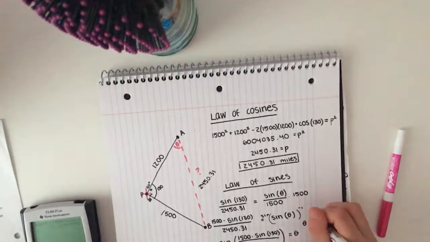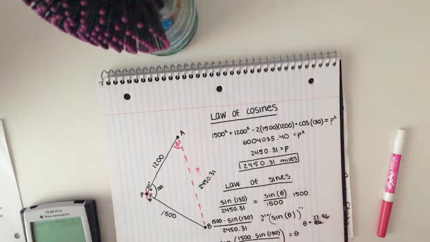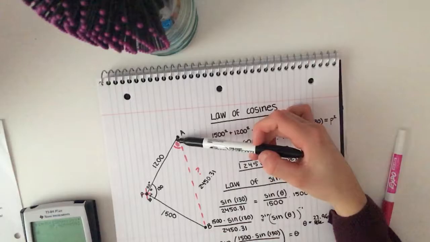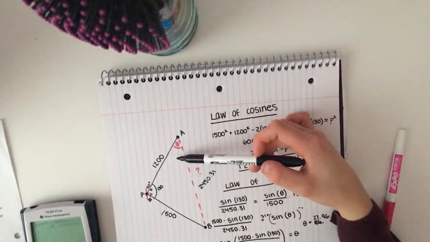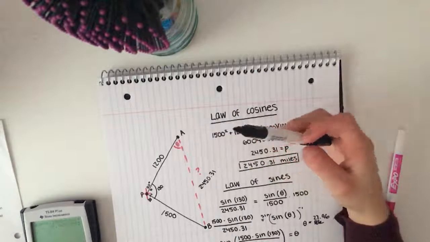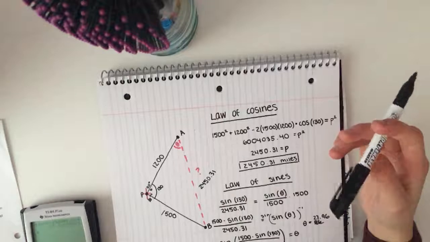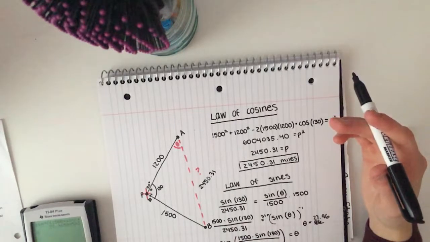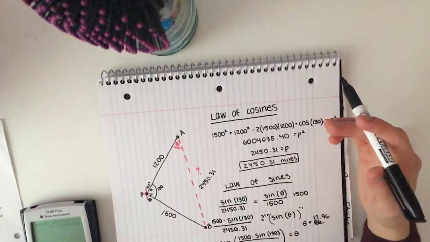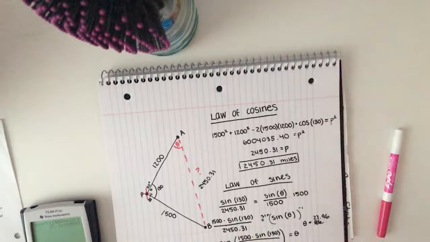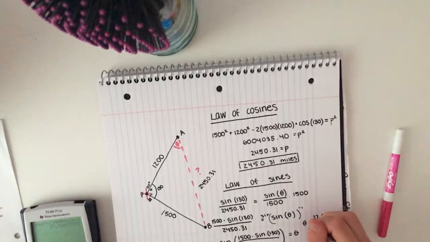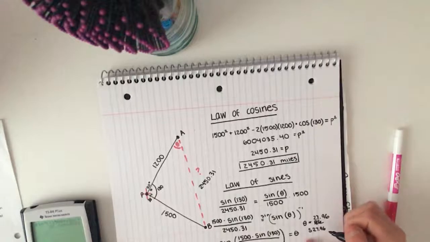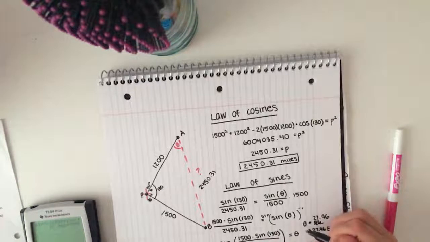It's 27.96. So the bearing from plane A to plane B is south 27.96 east. And that is your bearing.